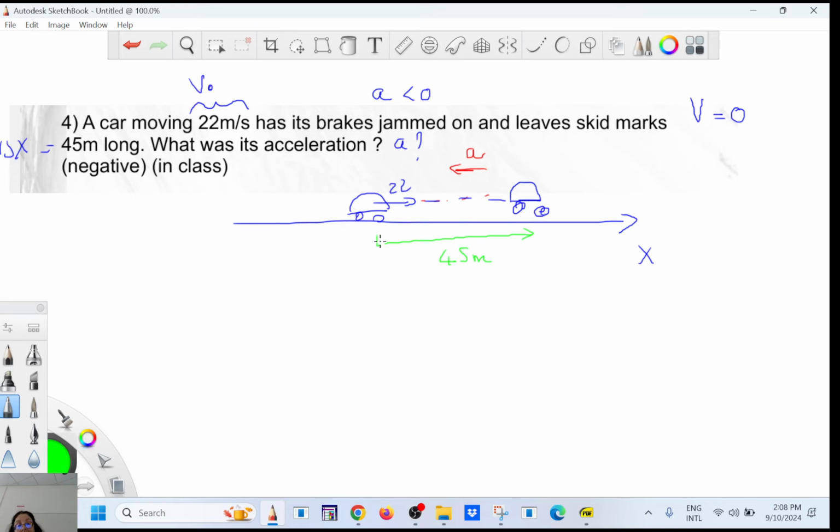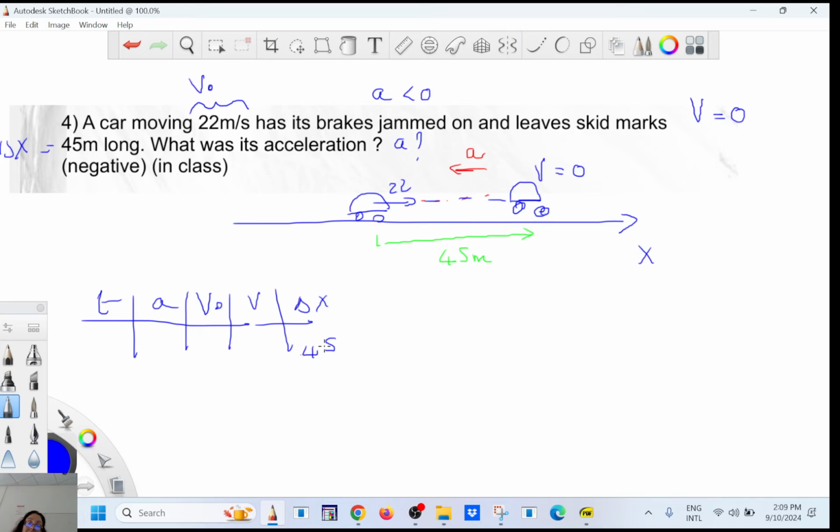You go from point A to point B. And here, final speed is 0. Okay? So you identify the physical quantities and you make a drawing. So t, a, initial velocity, final velocity, delta x, and here you have 45, here you have 0, here you have 22, and that question mark, and here I don't care.